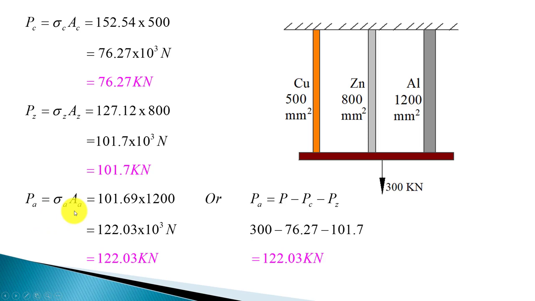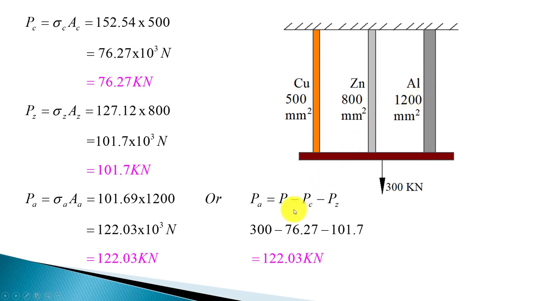Now to find out the load taken by aluminum, that is the last material, you can either go for sigma A AA. You have to multiply the stress with the area of aluminum, that will give the load, or you can subtract from the total load. Already the loads taken by copper and zinc are known, and the total load is also known. So the total load minus the load taken by copper and zinc has to give the load taken by aluminum.